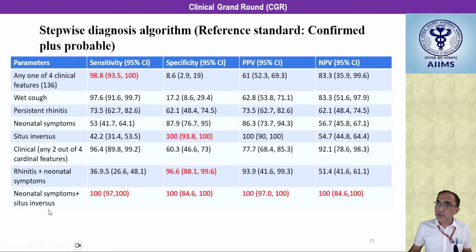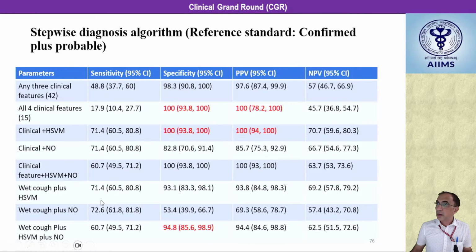And if there are neurological symptoms and situs inversus, very good sensitivity and specificity. And if we add the test, those clinical features along with high-speed, we again have 100% specificity, or 17% sensitivity. And if we add only one symptom, that wet cough, plus both high-speed and low nasal NO, we have 95% specificity.